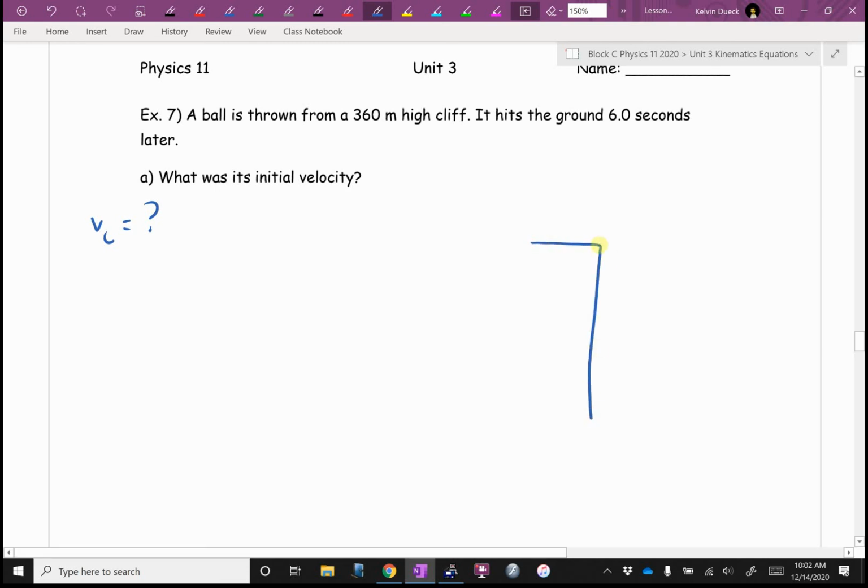We're imagining we're standing on a cliff with our toes in midair, and we're throwing the object. Oh, can VI be negative? Yeah, I guess I could throw it down or throw it up. So if I get a negative here, I won't freak out. It also won't confirm something. It'll just be, I guess I threw it down instead of up.